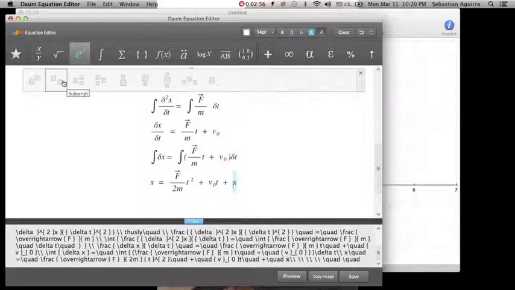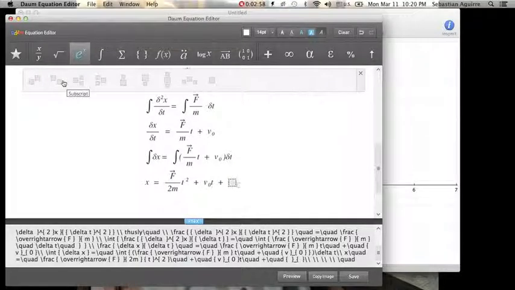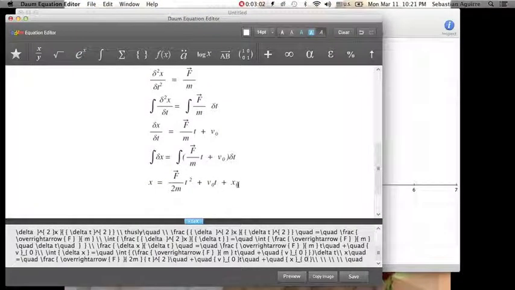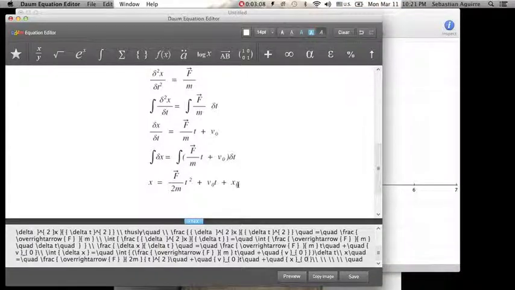And here's our constant of integration, x naught. So v naught and x naught are our initial conditions of the problem. It just varies where your object starts and if it has an initial velocity.